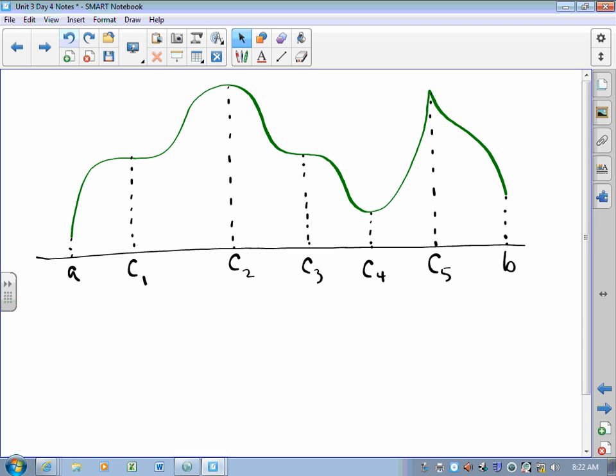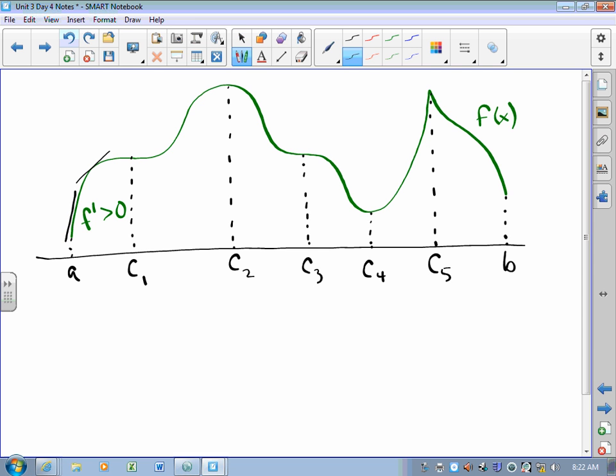In between A and C1, what do we know about the first derivative of this function f of x? The first derivative is positive, because we could draw tangent lines anywhere along that curve and we would get positive slopes.